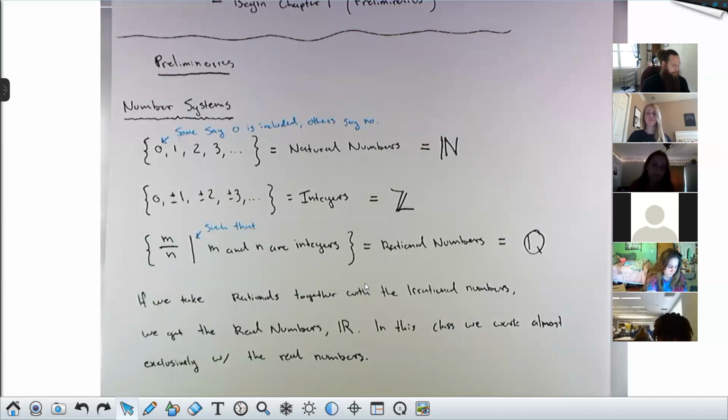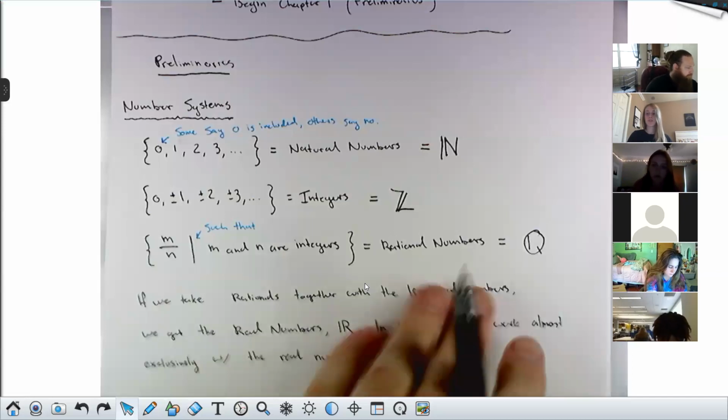Okay, here we go. So how do we think of the real numbers? We think of them as a line. Specifically, I'm going to give you 3 properties here that only the set of real numbers have.